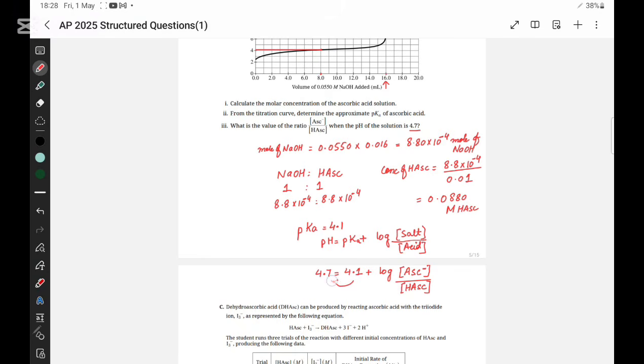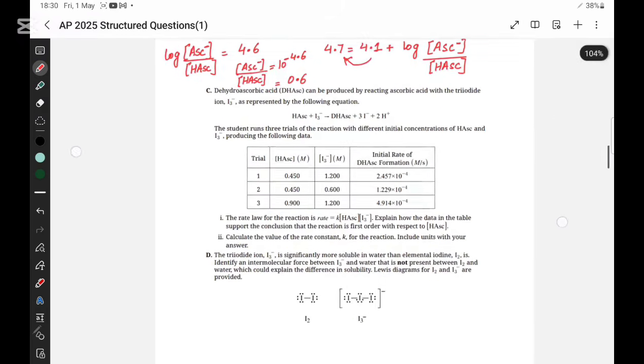So if this value goes there, it would subtract and form log of ASC⁻ over HASC, and it comes out to be 4.6. Taking anti-log on both sides, this would come out to be ASC⁻ over HASC is equal to 10 to the power minus 4.6, and the answer that comes out to be is 0.6.